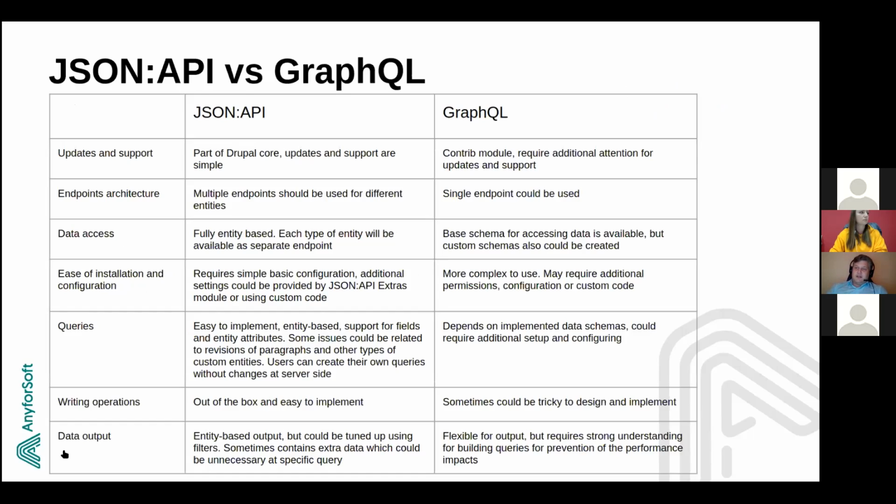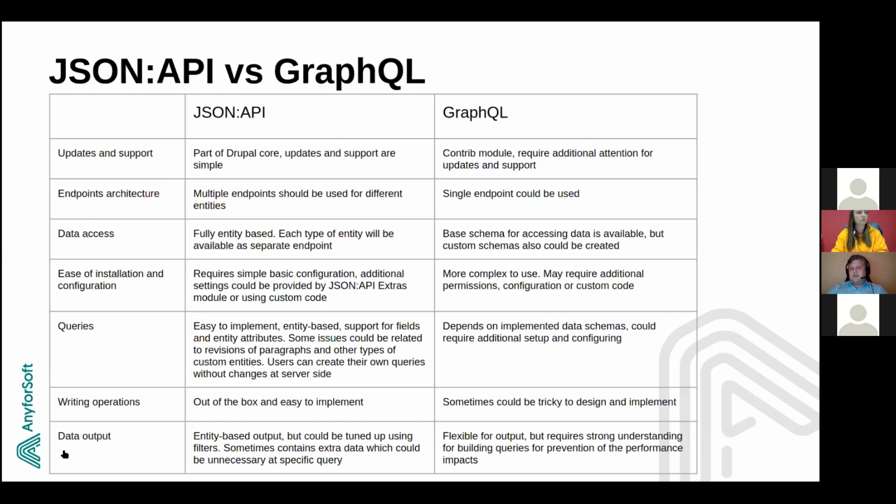And in conclusion, let's do some comparison for some cases for JSON API and GraphQL as the two most used solutions. First, the comparison for updates and support. JSON API is a part of Drupal core, and updates and support should be fairly simple, because when we update Drupal core, we also update JSON API.